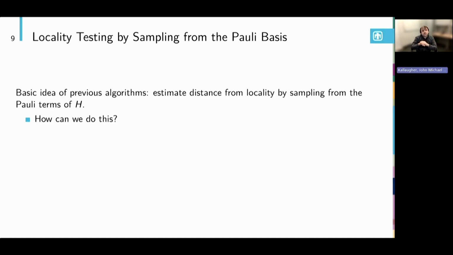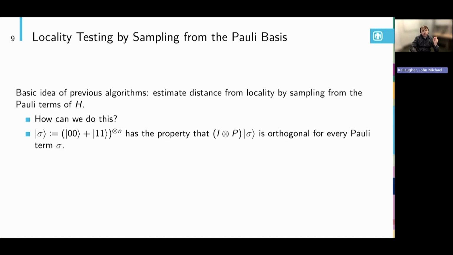Well, what you can do is exploit a nice property of the tensor product of n Bell pairs. It turns out that if you take this state, which I'll call sigma, and apply a Pauli term to half of it, by which I mean for each of these individual Bell pairs, you'll be treating the right qubit in that Bell pair as the one that you're applying the Hamiltonian to.